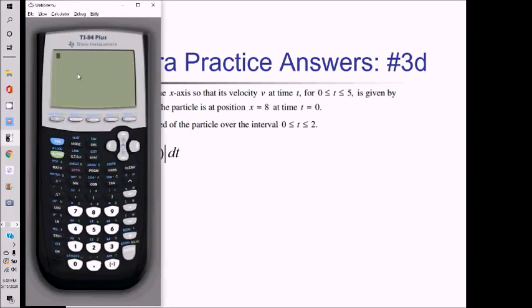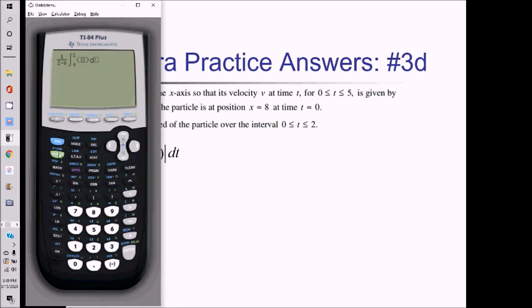So doing this on the calculator, let me set up my fraction. Let me do alpha y equals n over d. And I've got 1 over 2 minus 0, which I guess I could just write 2. But hey, we're here now. And now I need an integral, so math 9. I'm going from 0 to 2 on this. And I need absolute value of velocity. So how do I get that on the calculator?